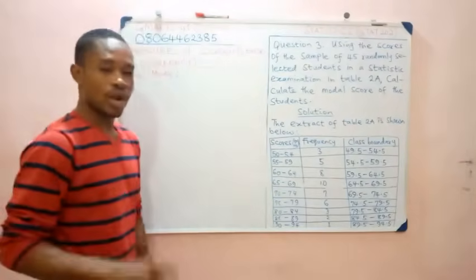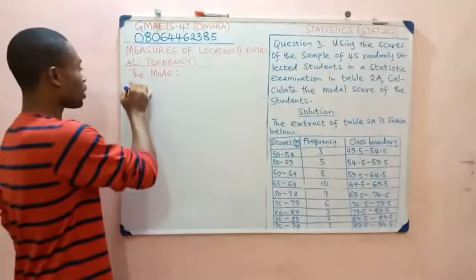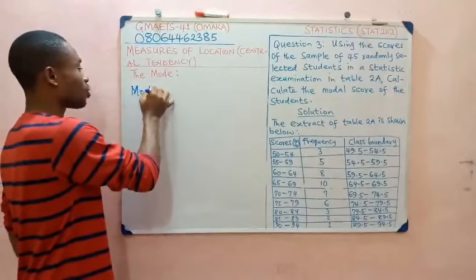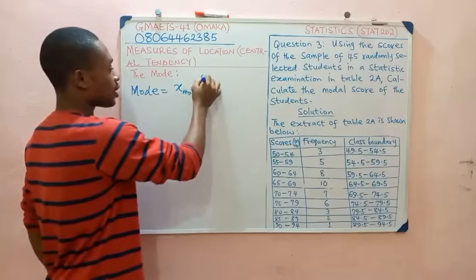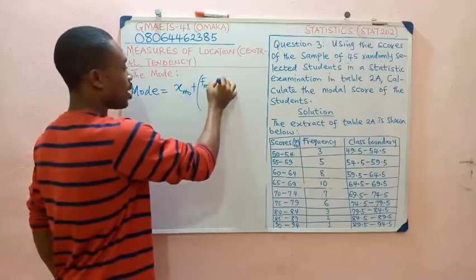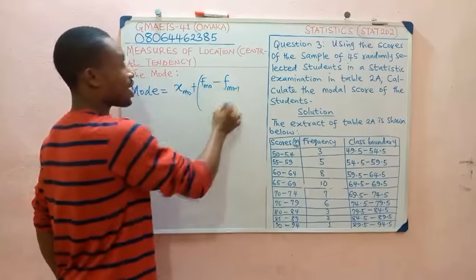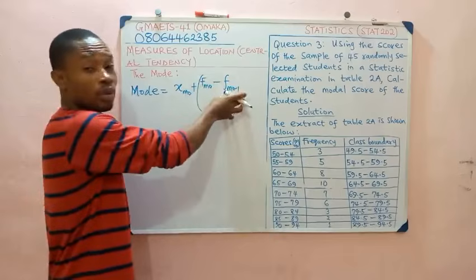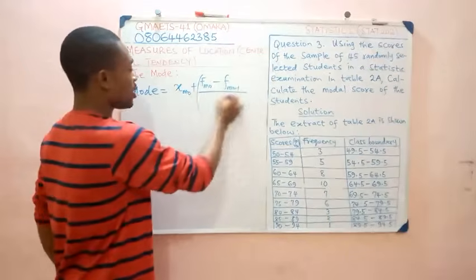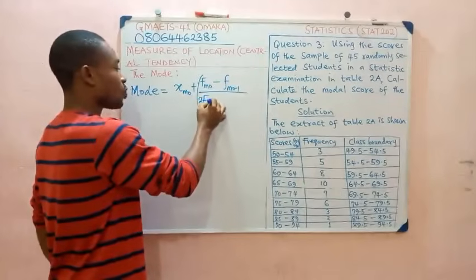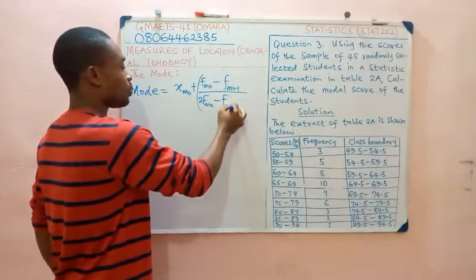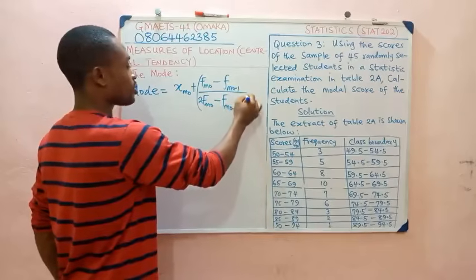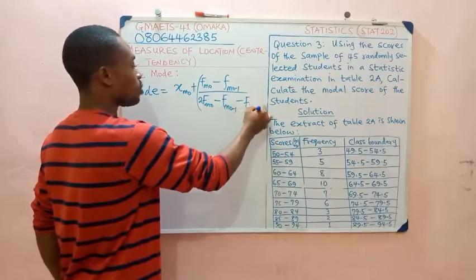And what we need to do is recall the mode formula. The mode is equal to x mo plus open brackets f mo minus f mo minus 1, that is the pre-modal class frequency, divided by 2 times the frequency of the modal class minus the frequency of the pre-modal class minus the frequency of the post-modal class.